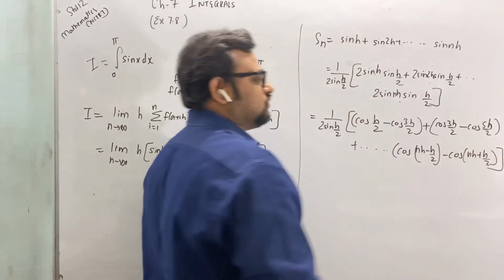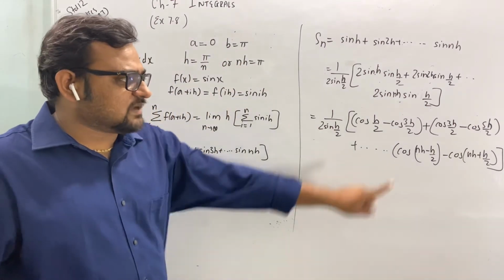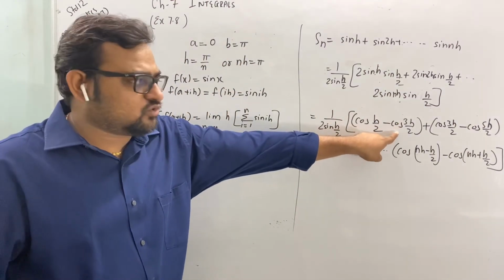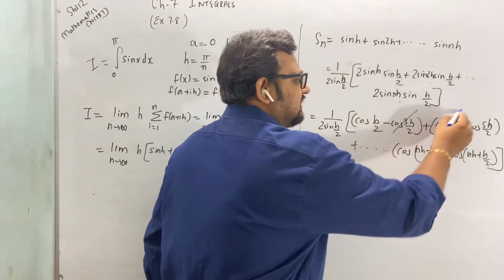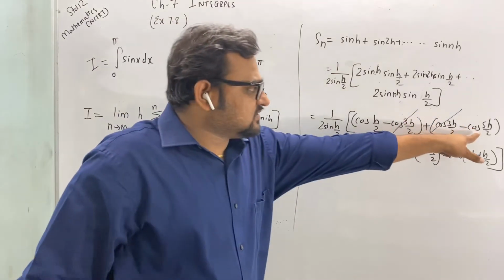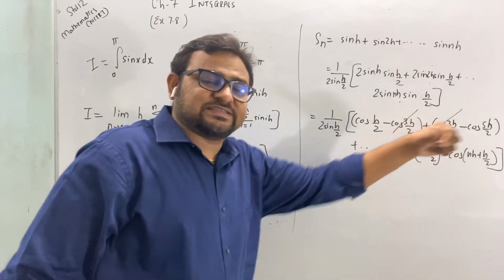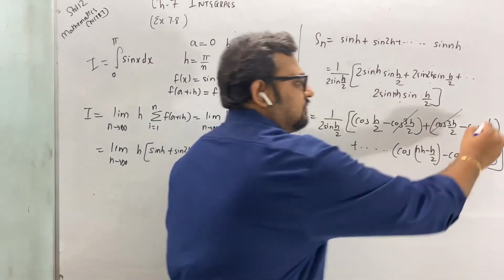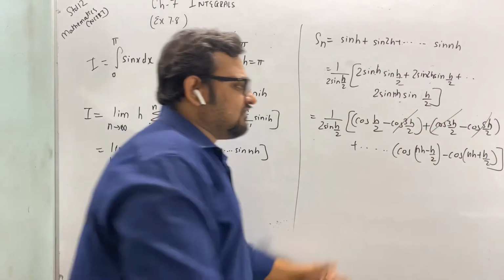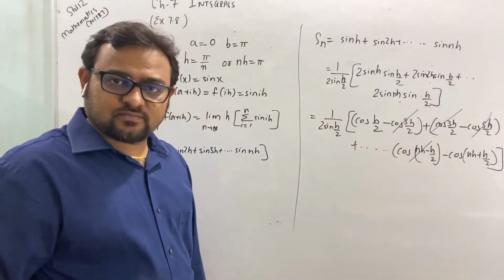Okay, now see what is happening: minus cos 3h by 2 plus cos 3h by 2 will get cancelled. Same way, this cos 5h by 2 will get cancelled with the next bracket's first term, right? So when you're solving, finally this will also get cancelled. Clear?